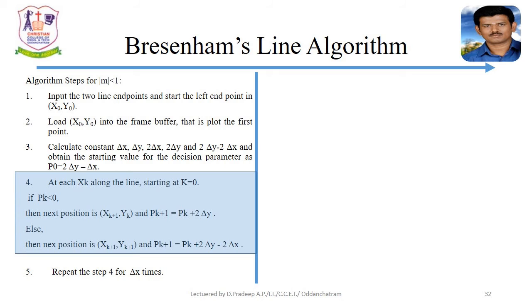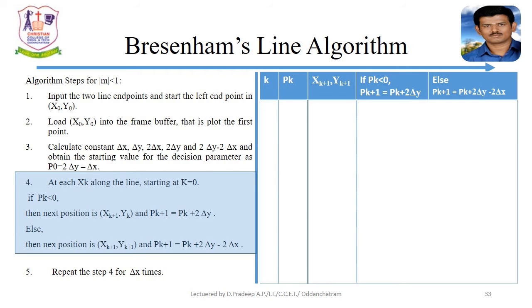Next, the fourth step. The k represents the number of iterations of the fourth step. Initially the k is 0. P naught is already calculated, so the P naught value is 6. 6 is greater than 0. So in the fourth step we know that if pk is less than 0, we go for the then part.